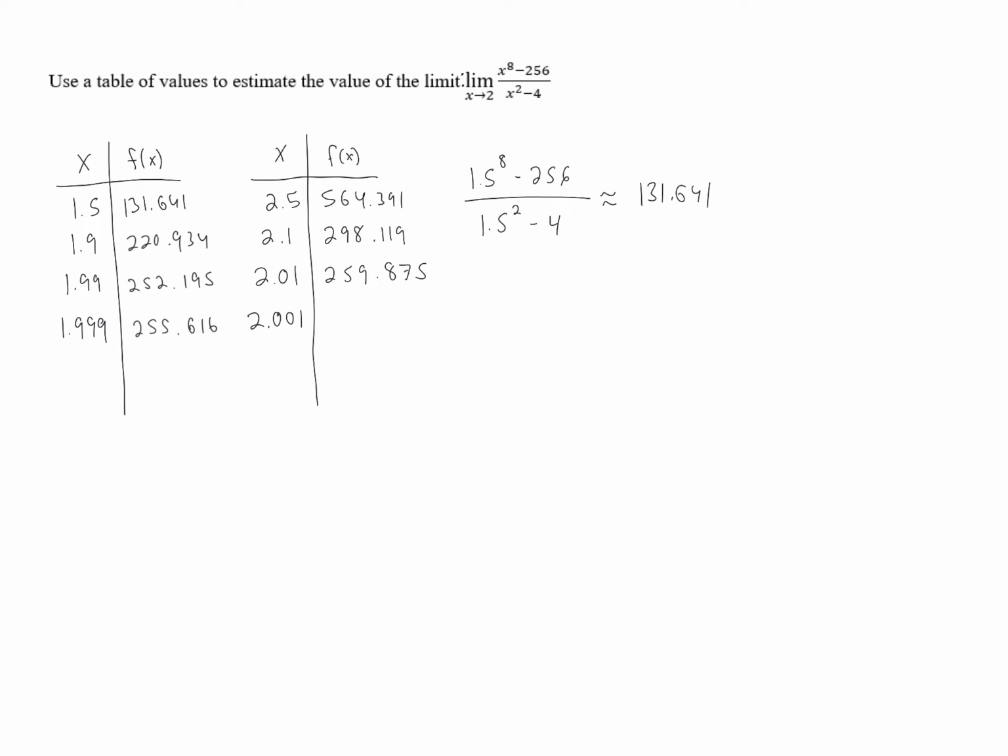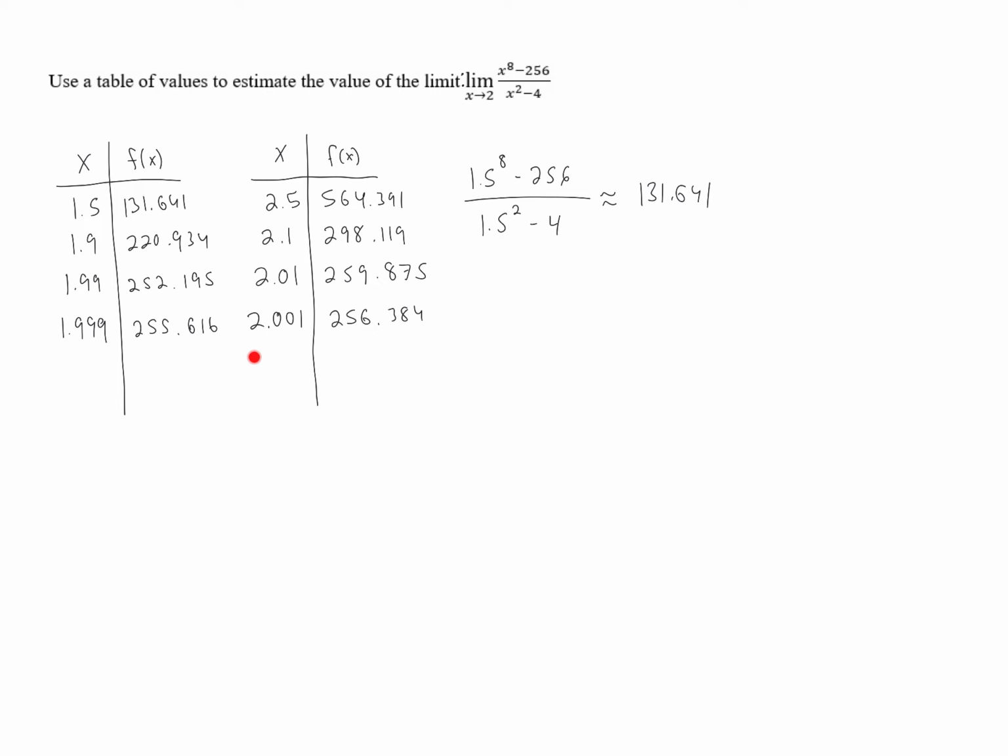If we do 2.001, we get 256.384. It looks like in both directions, these are getting closer to 256, which makes sense. We can see a 256 in the problem, so that's hopefully not a huge surprise.